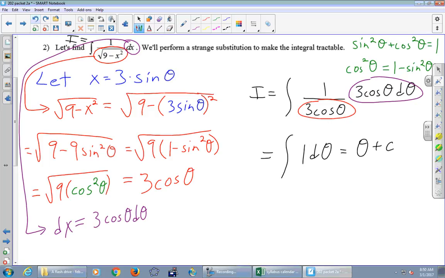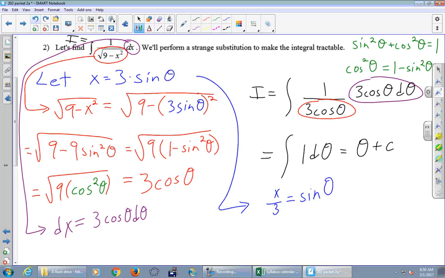The integral is theta, but theta is something we invented. This was a problem involving what letter? X, so we better end up back with x. So we have one equation in blue that relates theta and x. So we actually do need to solve this equation for theta so we can figure out what to put over there. So I'll put this in blue here. We did this before, but we need to do it for real now. We need to solve that equation for theta.